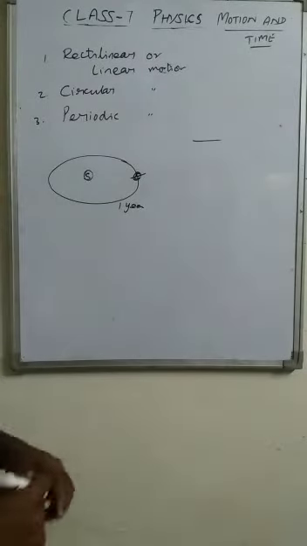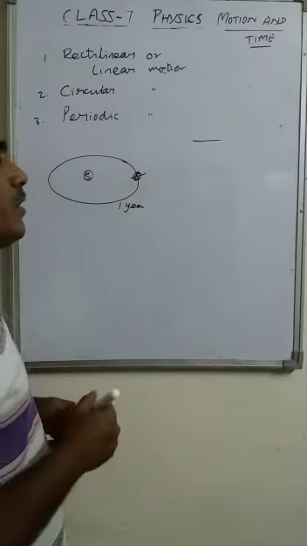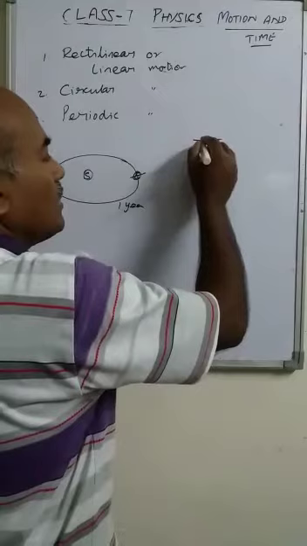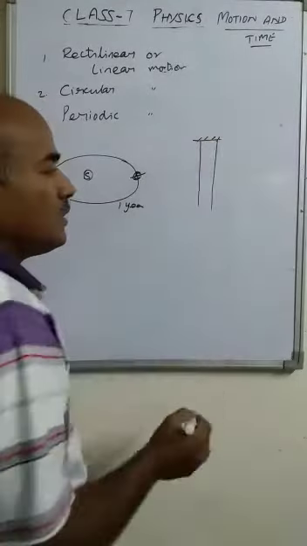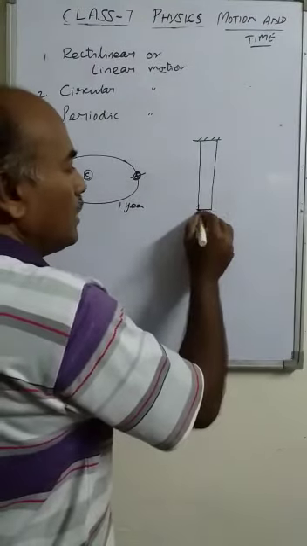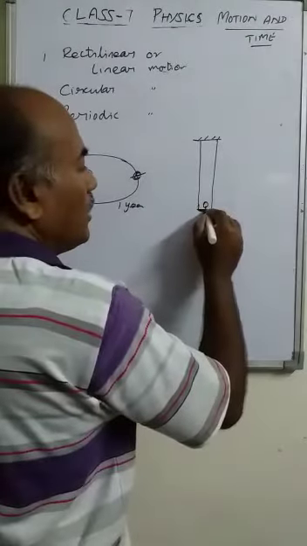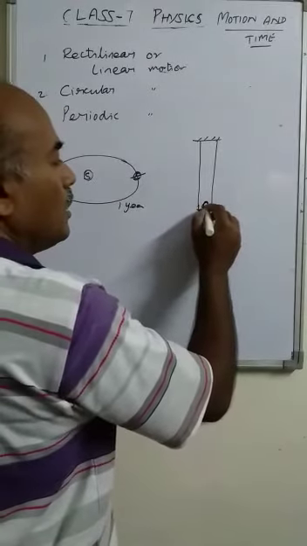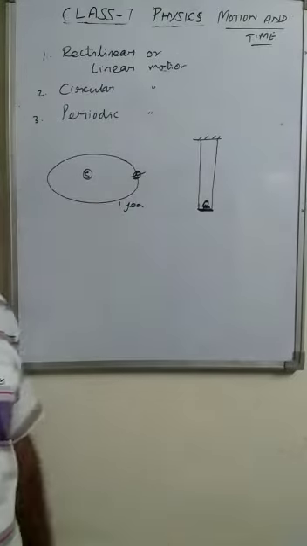Suppose I roughly draw the diagram: this is the string from the fixed point, and here this is the seat. Now a child is sitting on it.